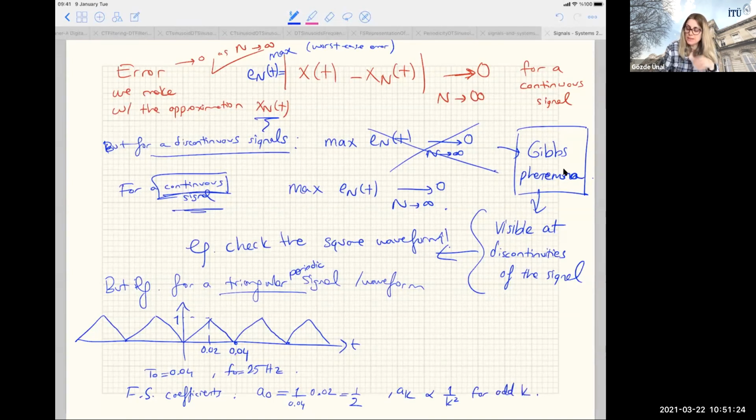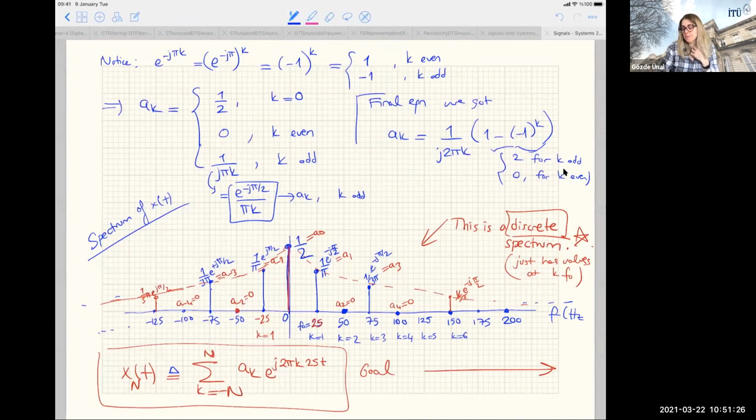So guys, the square wave was decaying with 1 over k. The spectrum had this form, the AKs. Of course, it was discrete, but this pattern decays with, remember, 1 over k. Why?